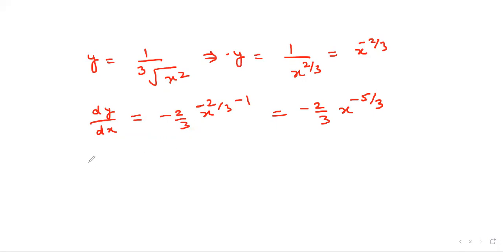Now let's check some other methods. D upon dx of, suppose we are given, instead of x, ax plus b. So here we have to differentiate the various powers of x, and a and b are constants.